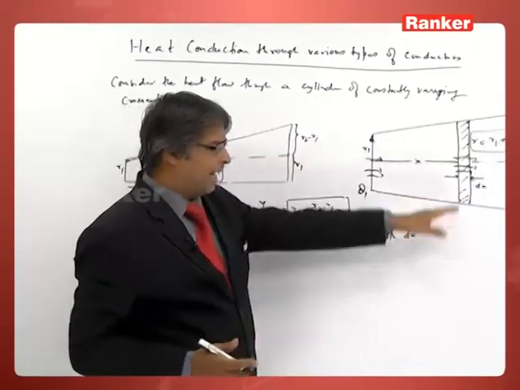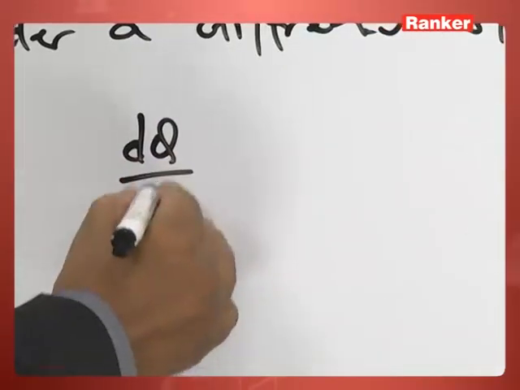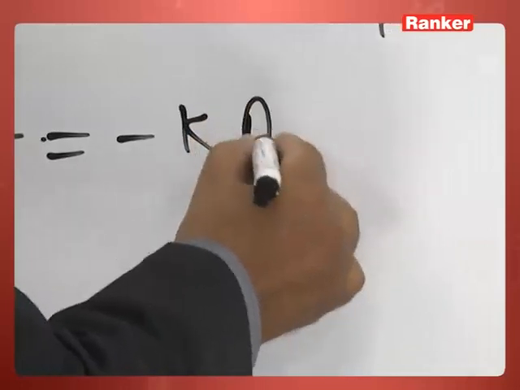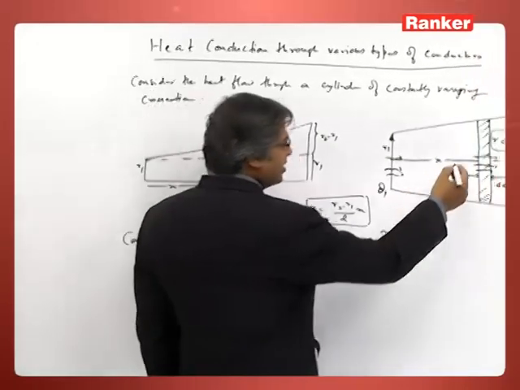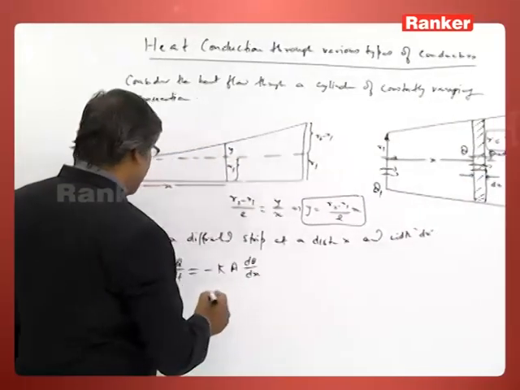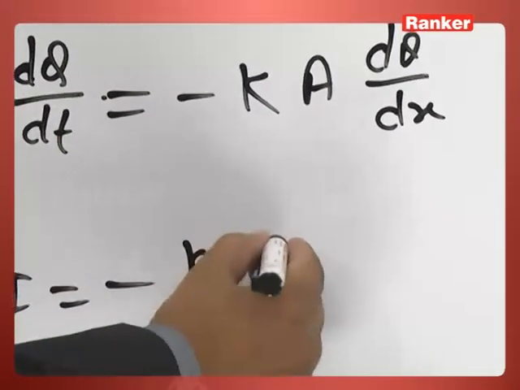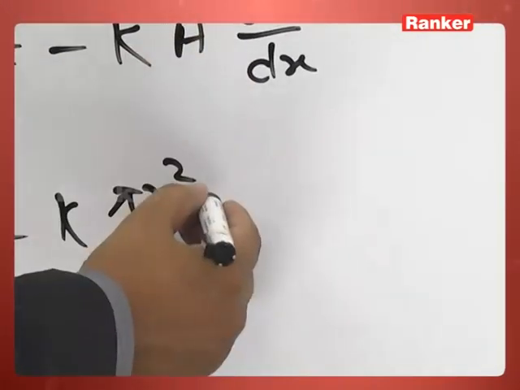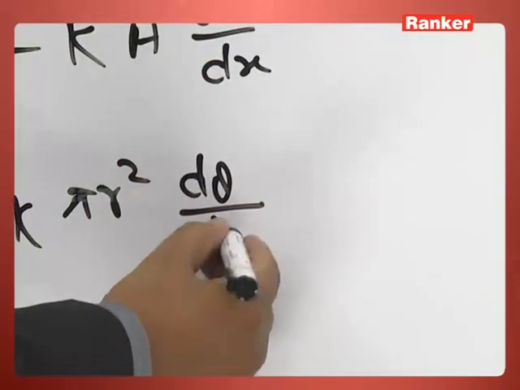Now let us apply the conduction formula: dq by dt, the thermal heat conduction, is minus k into d theta by dx. Let this side the temperature be theta and this side theta plus d theta. So, we have I, that is minus k, area means pi r square, into d theta by dx.